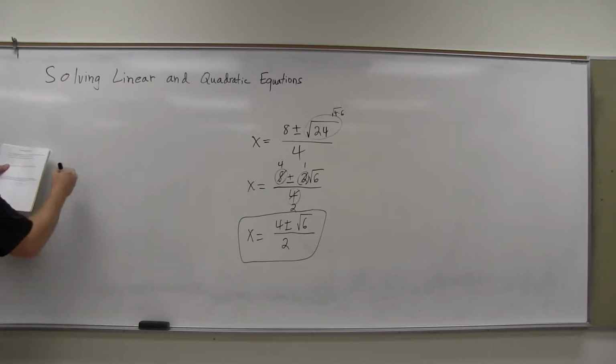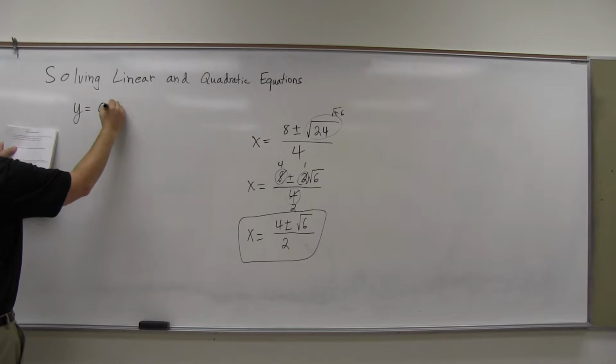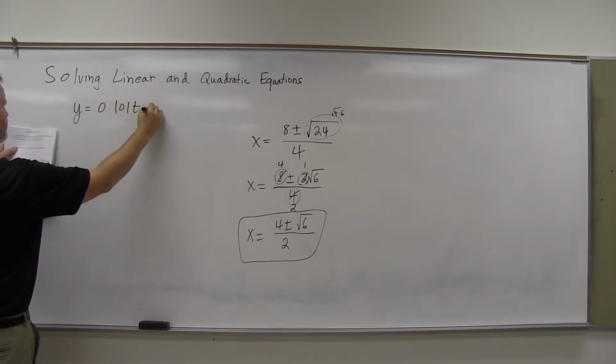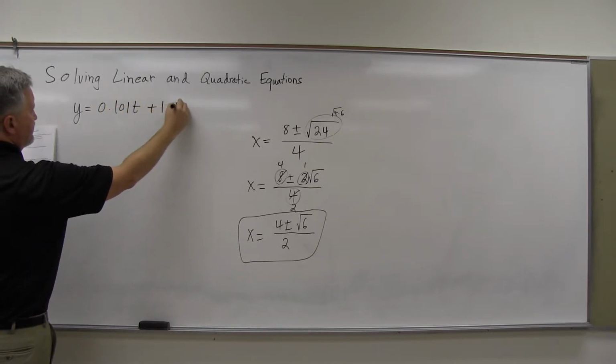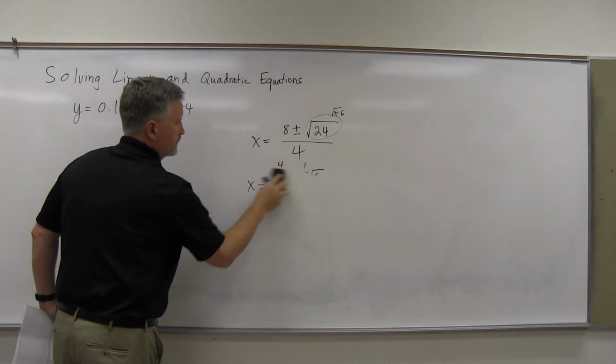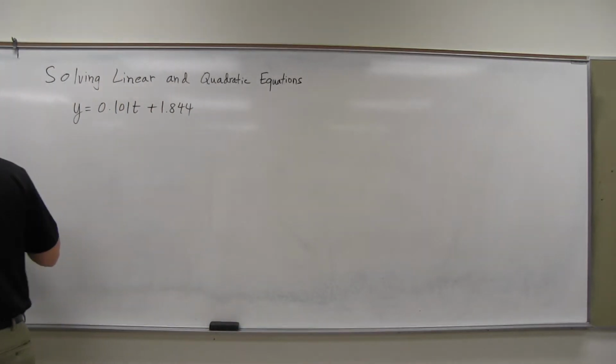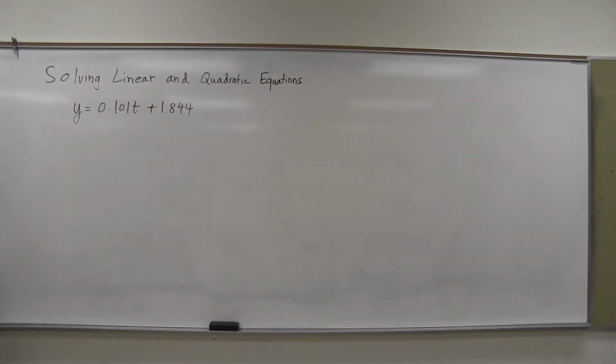Okay, so let's say we've got a model here, a linear model. Y equals 0.101t plus 1.844. This is a linear equation, a linear model, because we've got t to the first, and our degree is 1.